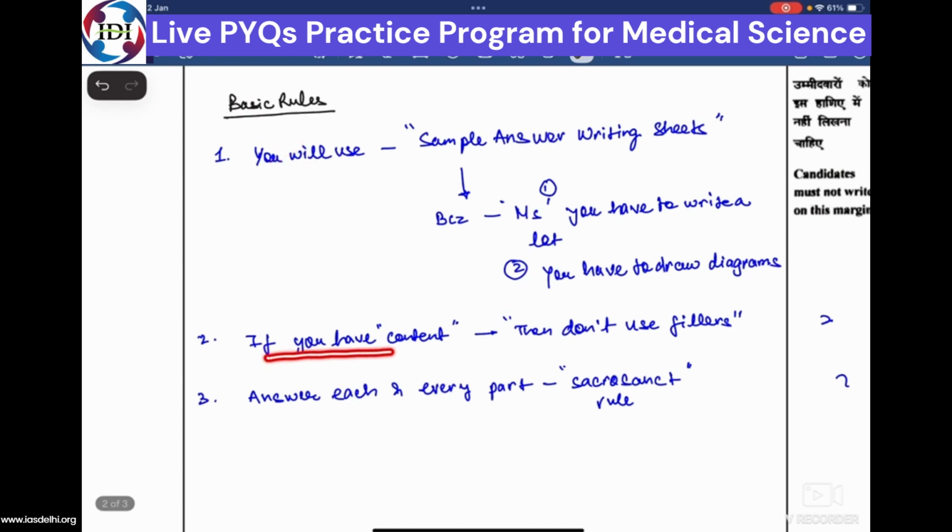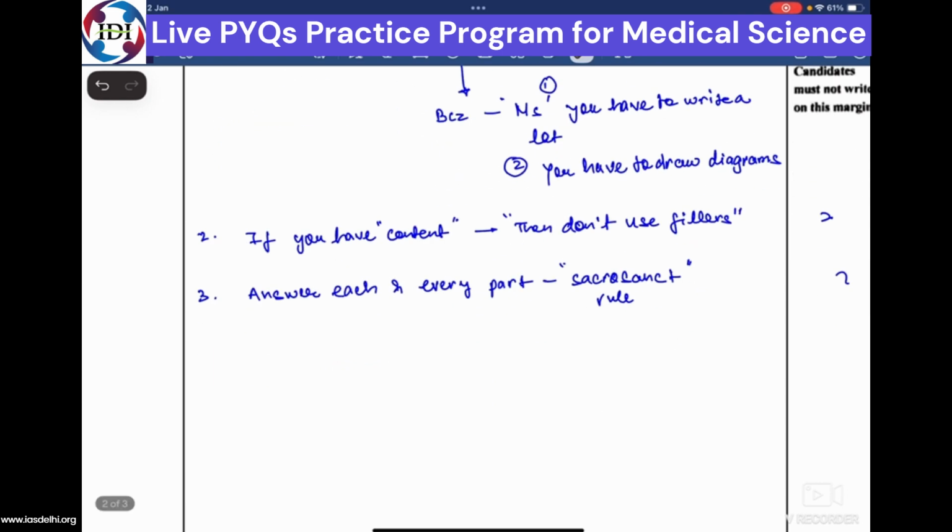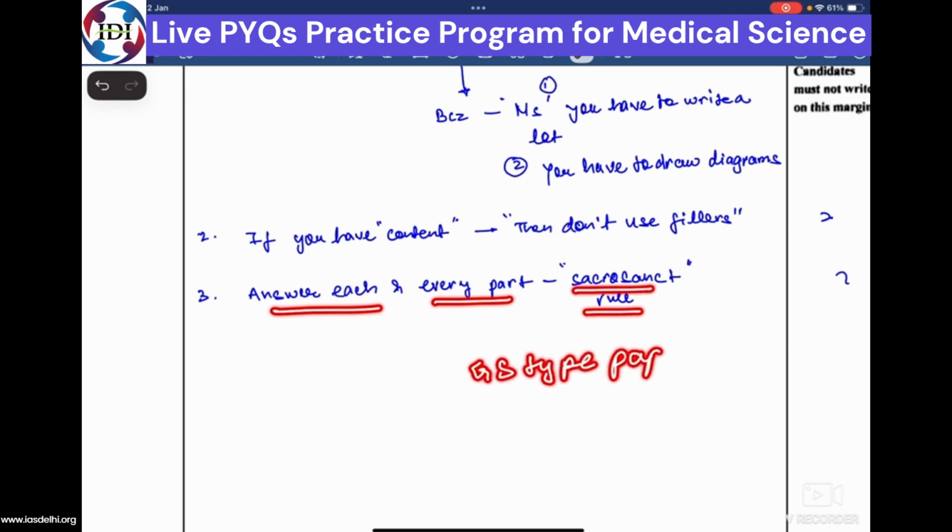Number two is that if you have content, then we are not going to use too many fillers. I will show you in the meanwhile. And the third and the most cardinal rule is that you are going to answer each and every part. See, in GS type papers, if you miss one part and the other part of the question you have written is very impressive, the examiner may overlook it once in a while.